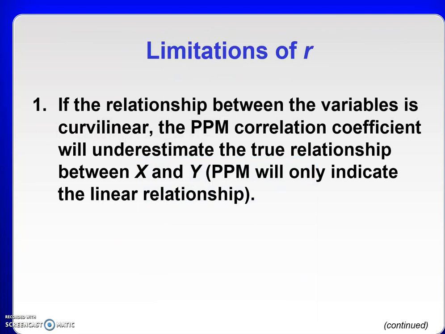There are some limitations of using Pearson's or the PPM correlation coefficient. One is if the relationship between the two variables is curvilinear, it will underestimate the true relationship between x and y. So the Pearson product moment correlation coefficient really indicates relationship in a linear relationship, not a curvilinear relationship.